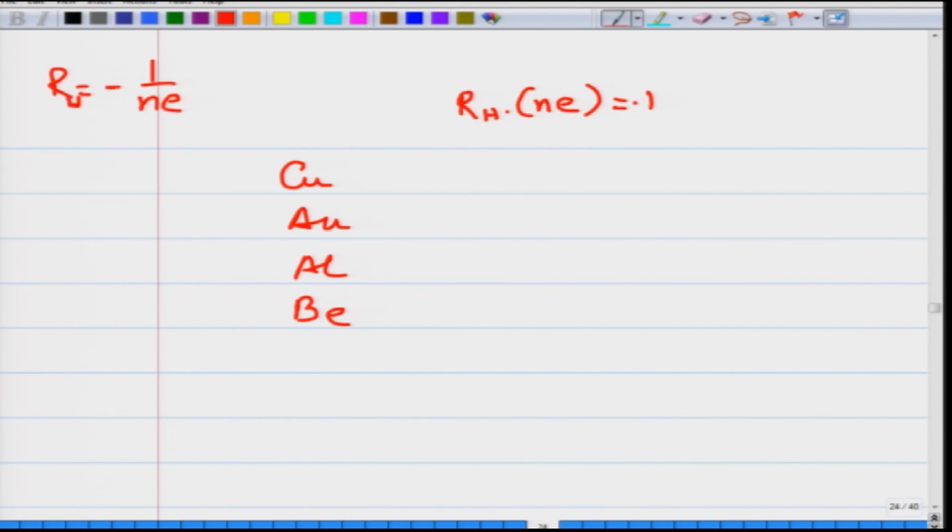Copper gives you minus 1.5, silver also gives you a value of minus 1.5. So, the sign is all right, but when you go to aluminum, suddenly there is a sign change. It goes to plus, and if you take beryllium, it goes to plus 0.2.